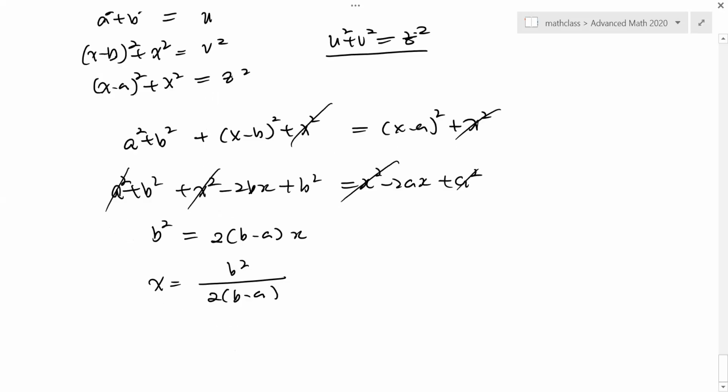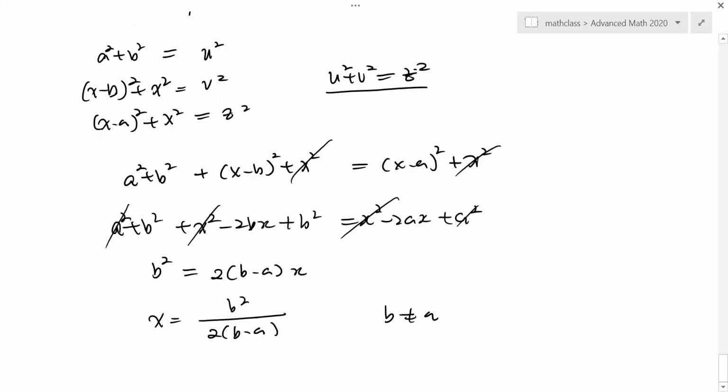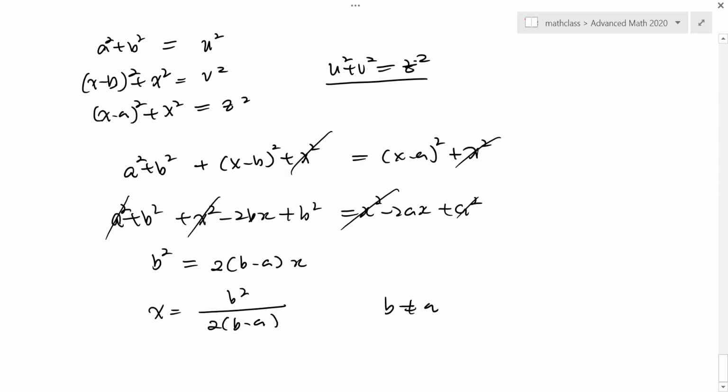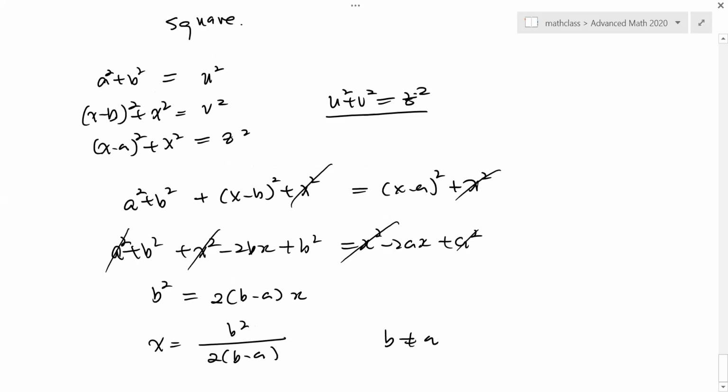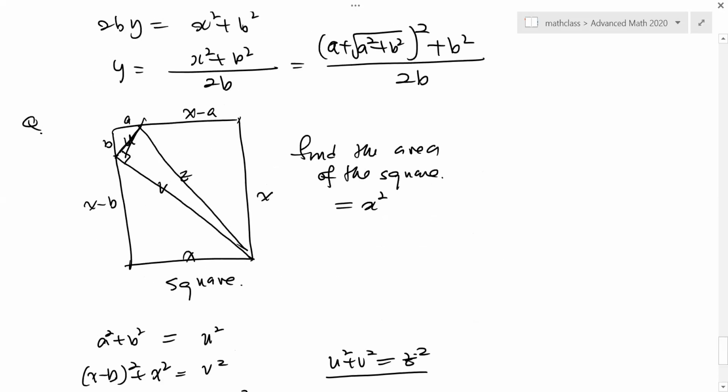So this is under the condition b is not equal to a, and if b equals a, I don't think you will get a right triangle. If b equals a there is no solution, that means you're not able to find it. Because the right hand side is going to be 0, left hand side is b squared, so you never get such pictures here. Okay, so this is our solution.